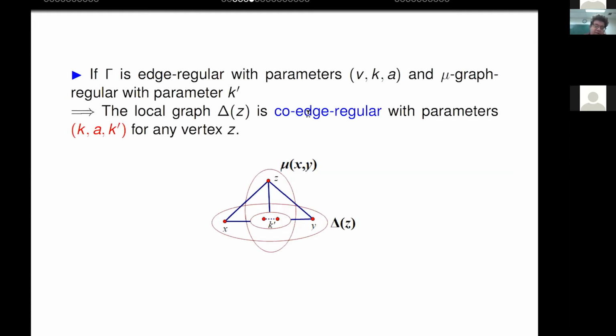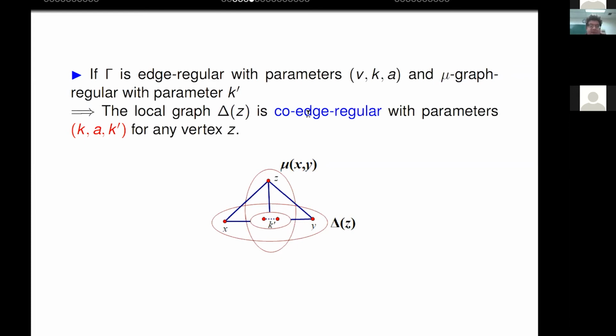So now suppose that your graph is amply regular with parameters v, k, a and mu graph regular with parameter k prime, then the local graph at any vertex is co-amply regular with parameters k, a, k prime.